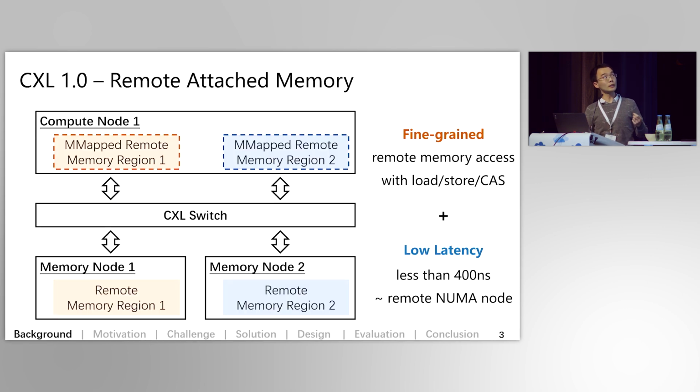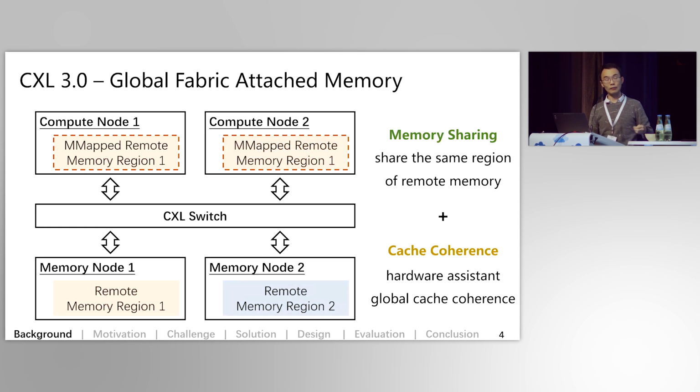CXL is one of the most popular buzzwords in recent days, and we are also surprised by the capability of CXL to enable fine-grained and efficient access of remote memory. According to our evaluations on real hardware, the latency of accessing a remote CXL-attached memory is less than 400 nanoseconds, which is very efficient. The development of CXL is also very rapid.